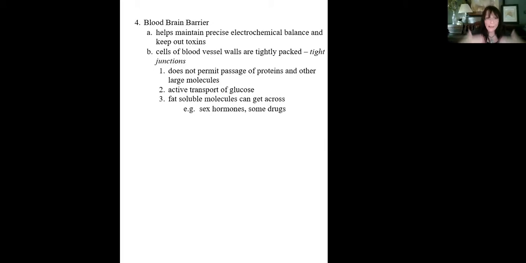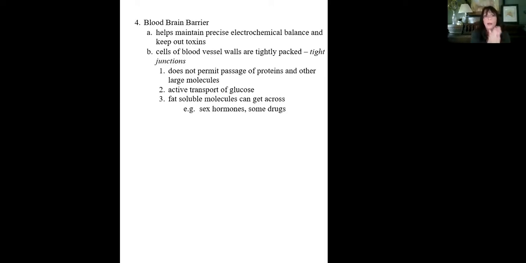Now, fat-soluble molecules can get across. The lipid aspect of them allows them to move across, and this includes sex hormones and also some drugs. Now, there are other drugs that are water soluble, and they're not going to be able to get across.